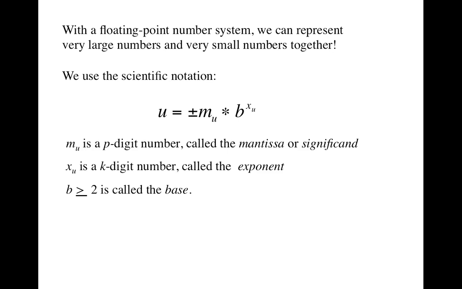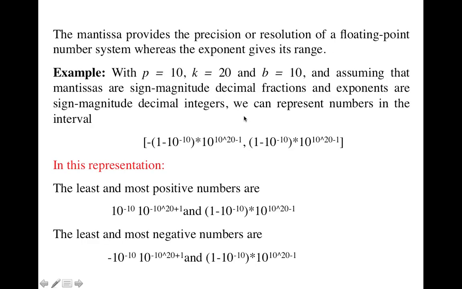In modern computers, the base is chosen to be 2, even though in earlier machines other bases were used, including the decimal base. When we have a certain number of bits fixed to represent our numbers, we divide it between the mantissa portion and the exponent portion of our representation.